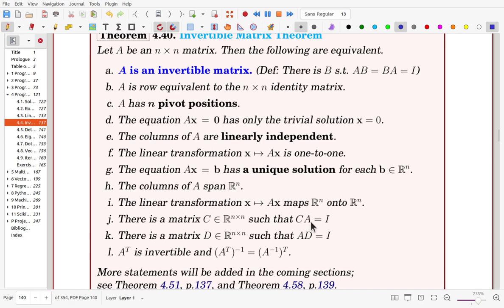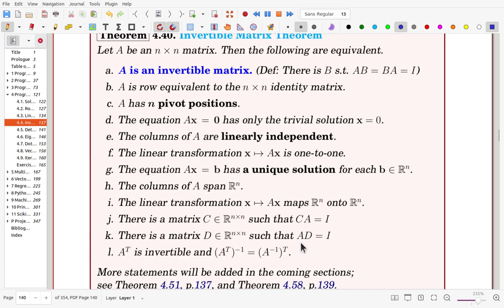But here, this statement is saying that just left multiplication becoming the identity is enough. So once a left inverse exists, it automatically becomes a right inverse.